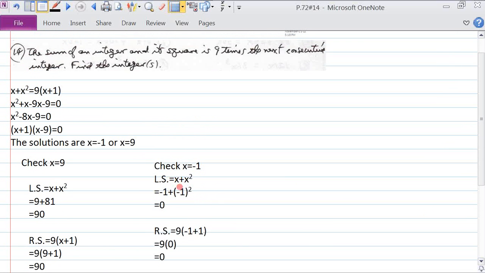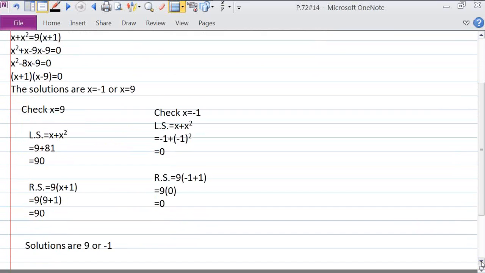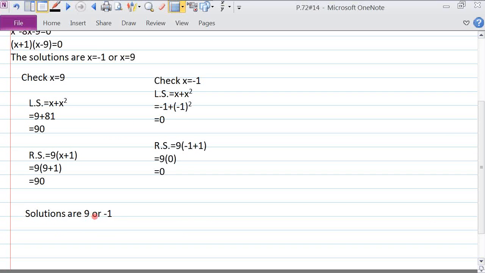The left side is x plus x squared: minus 1 plus minus 1 squared. This becomes plus 1. Minus 1 plus 1 equals 0. The right side is 9 times x plus 1. So instead of x, we write minus 1. Minus 1 plus 1 is 0. 9 times 0 is 0. So the solutions are 9 or minus 1.